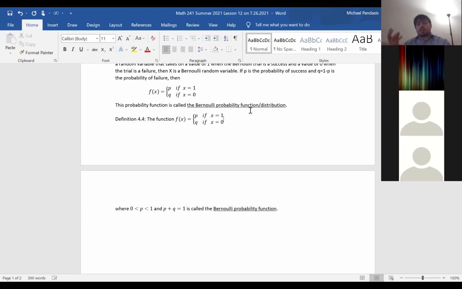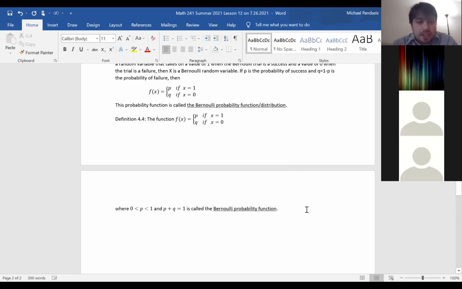And so the words success and failure are expressing the idea of two possibilities, each with a chance of happening. So it's not necessarily success and failure, but you can often think of it as success and failure.